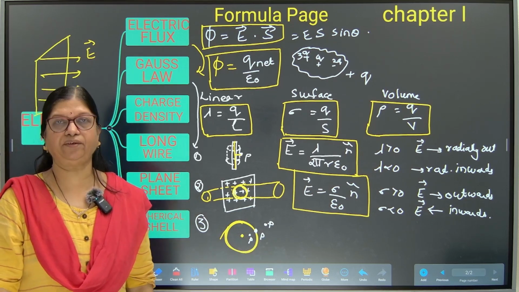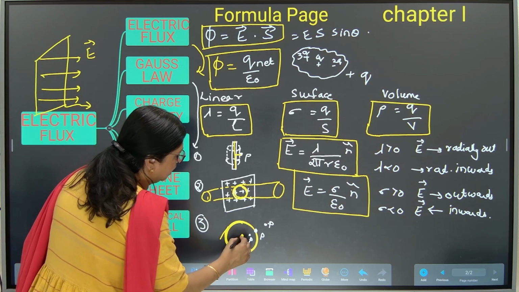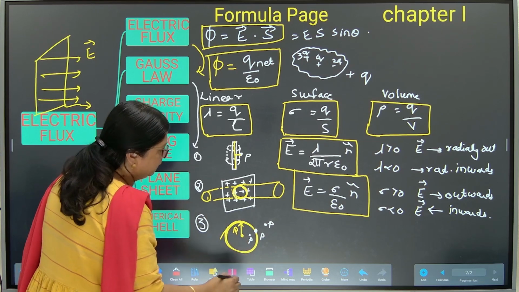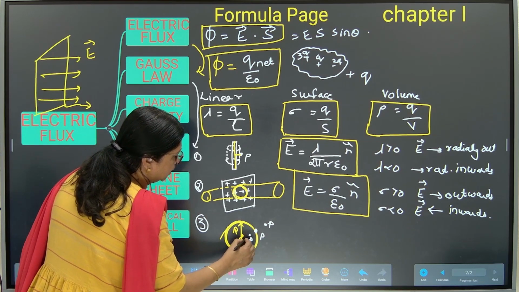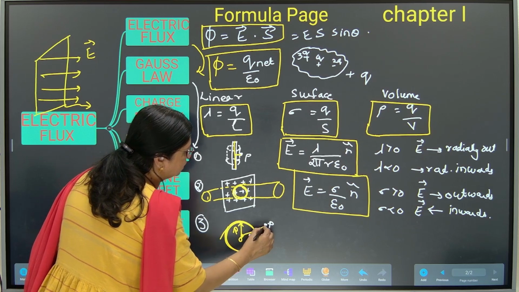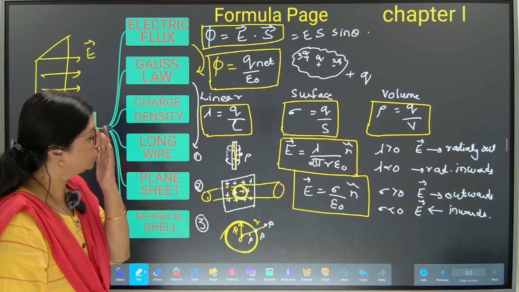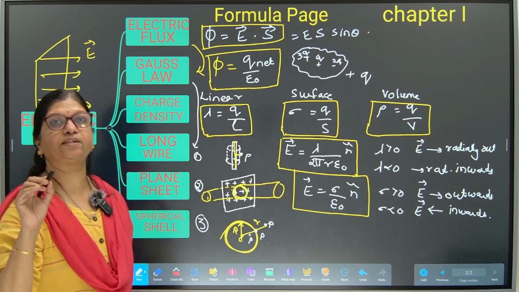Let us consider the radius of the shell as capital R and the distance from the center to these points as small r. Okay, so there are 3 conditions for which we find out the electric field.